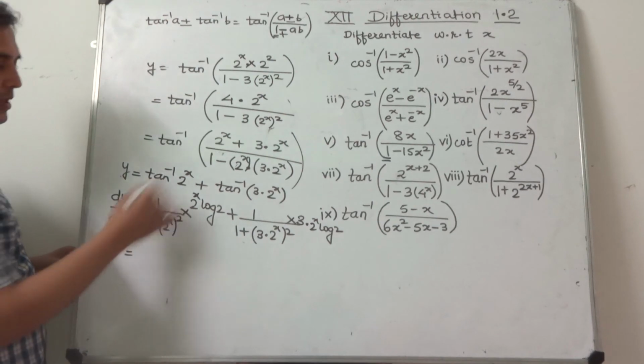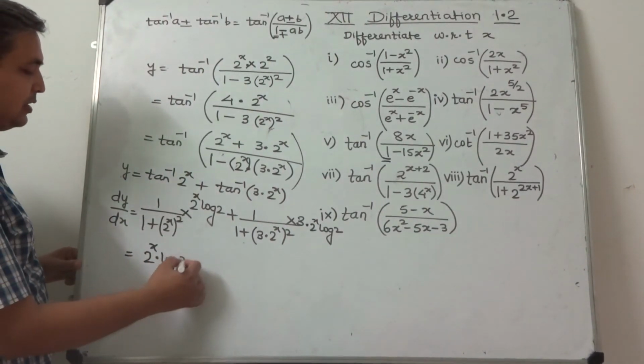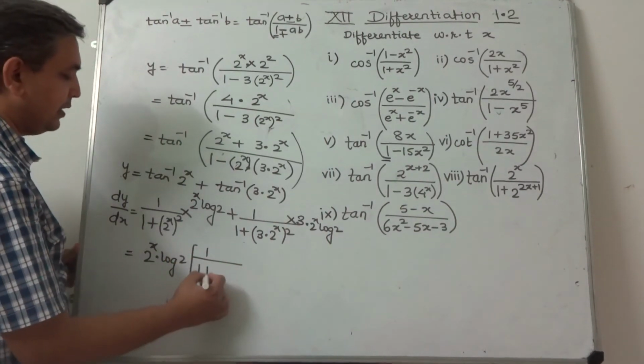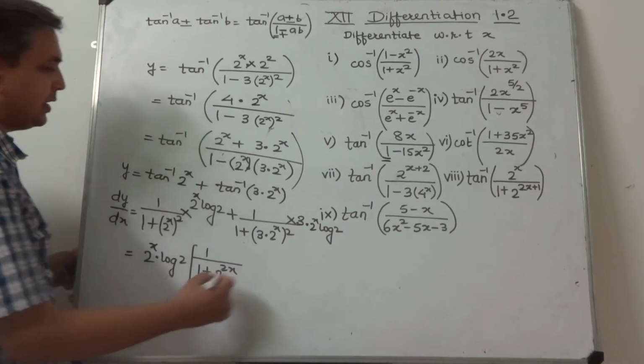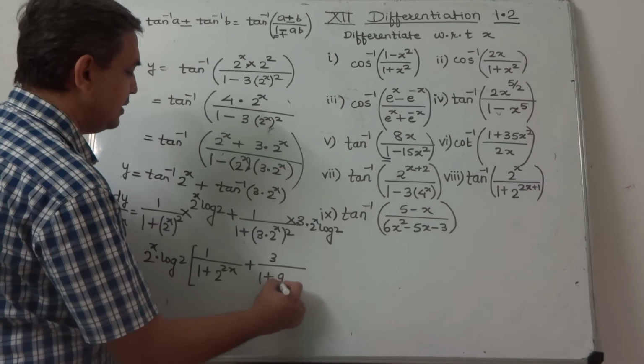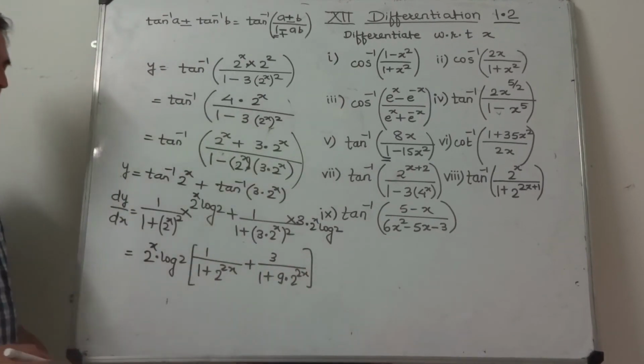Now see students, in both the terms we are getting 2 raised to x log 2, so it is common, and in the bracket we can write 1 upon 1 plus 2 raised to 2x plus 3 upon 1 plus 9 into 2 raised to 2x. So this is the answer.